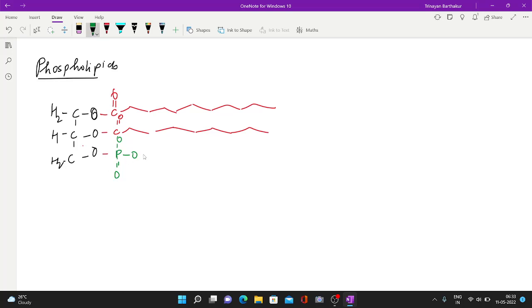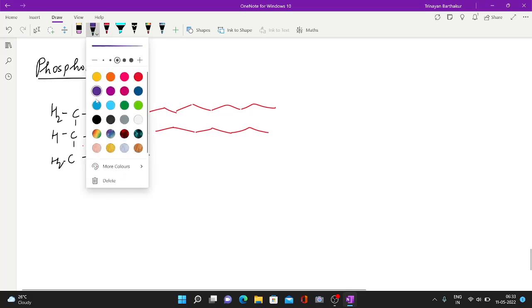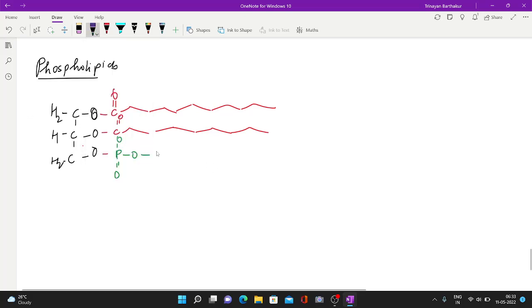Now, along with this, if I draw a variable, also known as X, this X is a variable. Now this becomes a phospholipid. It has a phosphate group here. Instead of an ester bond, you're going to get a phosphoester bond.